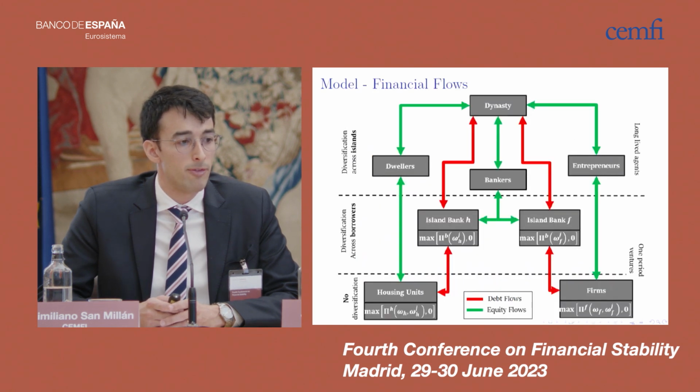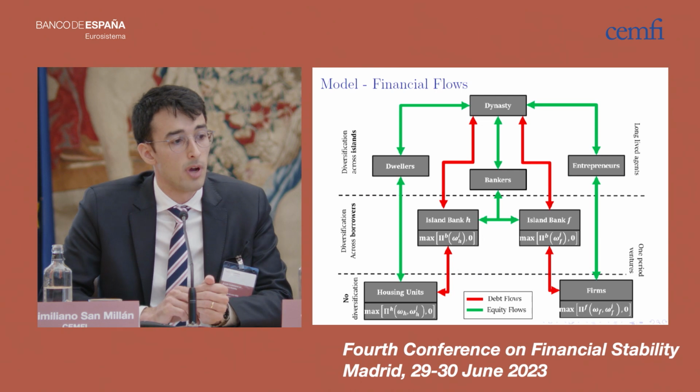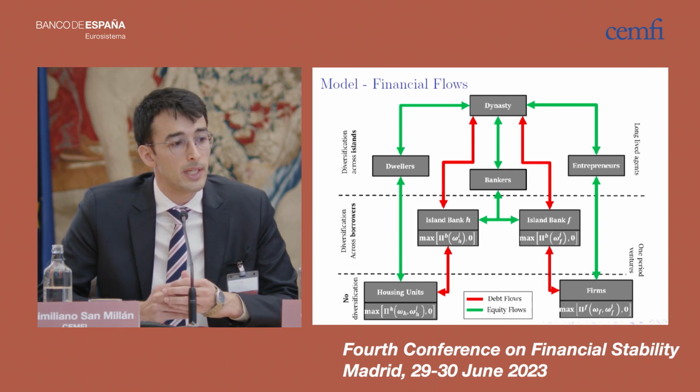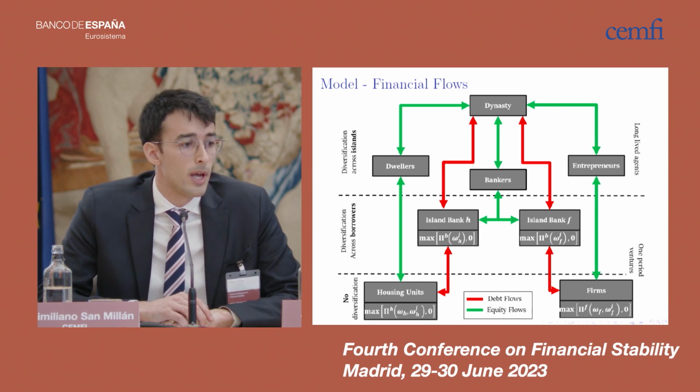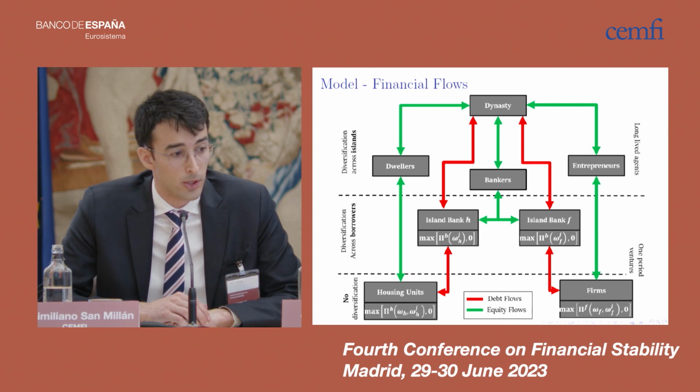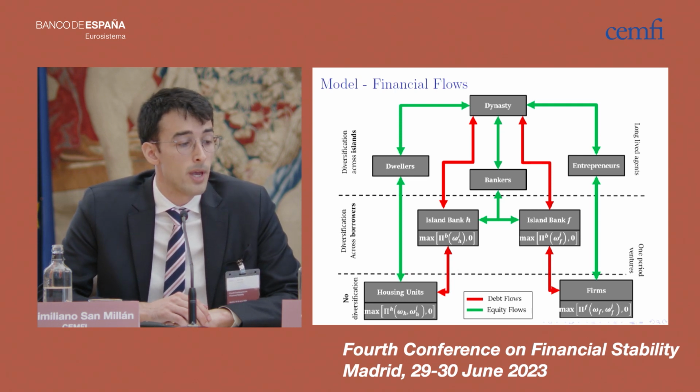Let me give you a brief picture of the model. Basically, financial resources in the model finance one-period risky ventures, which I call housing units and firms. These are the final borrowers, if you want, in the model.